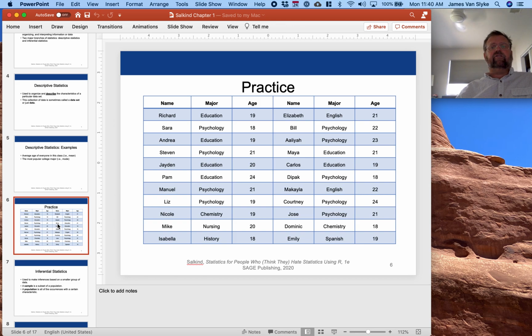The mean is the average number for any particular variable within a data set. And then we could also look at what's called the mode. The mode is simply the most frequently given value for any particular variable within a data set. So what's the highest number of people in a particular major? That would be the mode. Once again, descriptive statistics is simply a way to describe a data set.